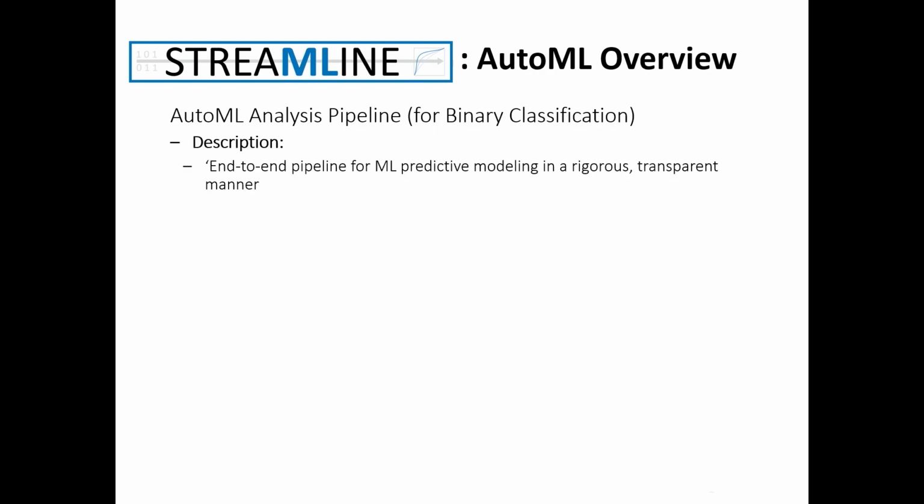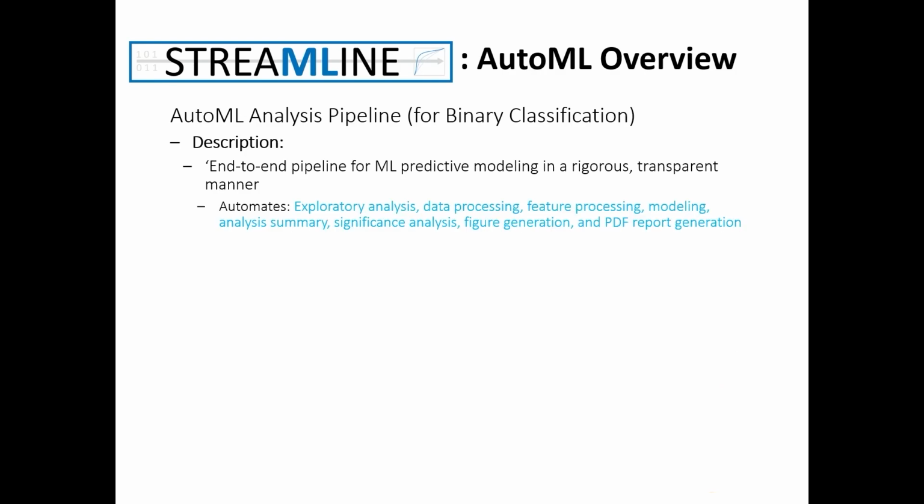In a nutshell, STREAMLINE is an end-to-end pipeline for machine learning predictive modeling in a rigorous and transparent manner. It automates many of the aspects of a data science pipeline, including exploratory analysis, data processing, feature processing, modeling, summarizing analyses, conducting significance analyses, generating publication quality figures, and even making a summary report as a PDF file.